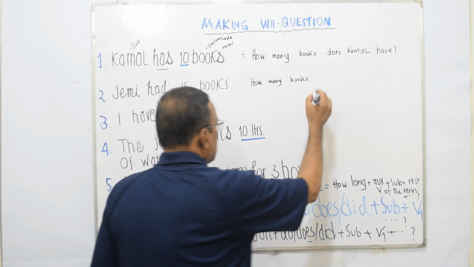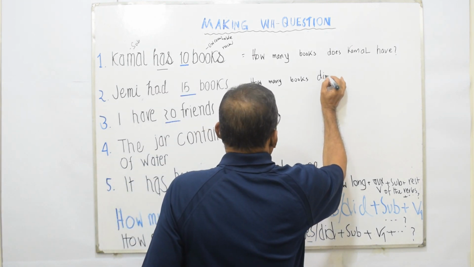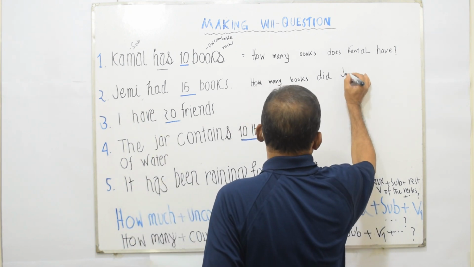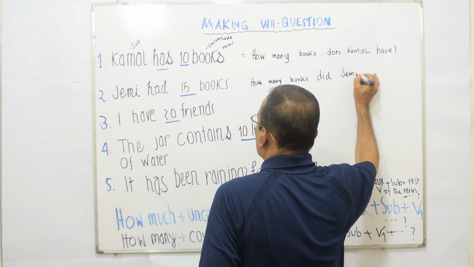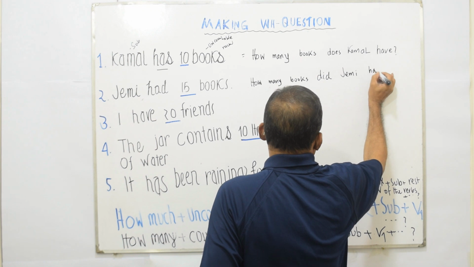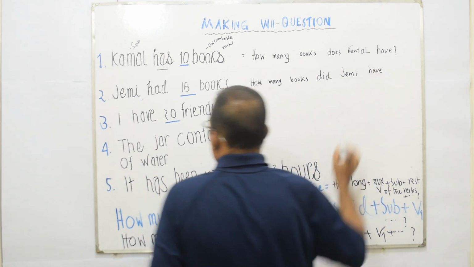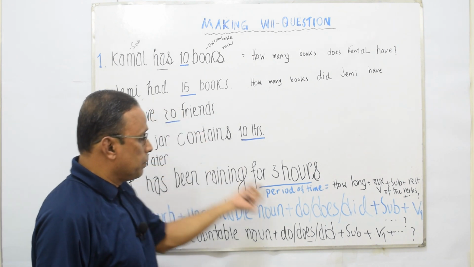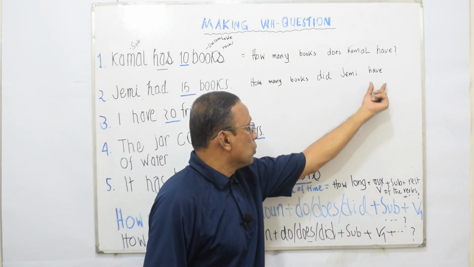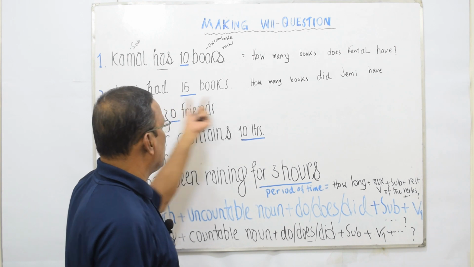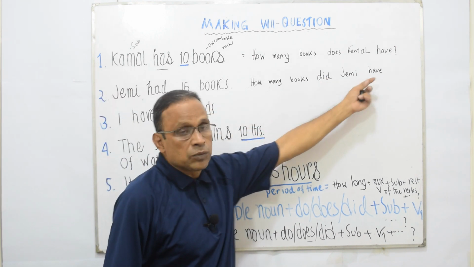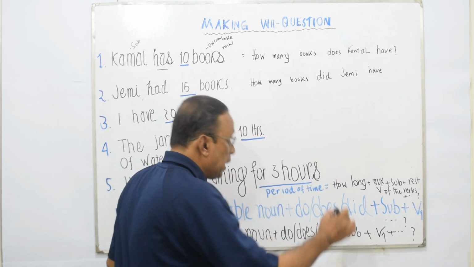So how many books did, then the subject, Jamie. Jamie had. We have to use this V1, the present form of the verb. When we use the auxiliary verb did, we have to use the present form of the main verb. So at the end, the question mark.